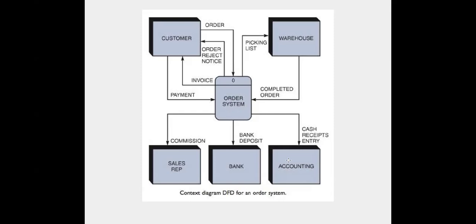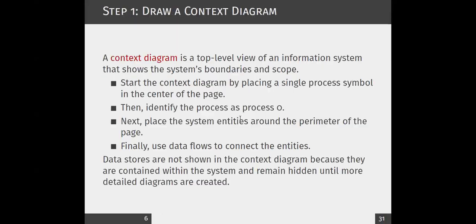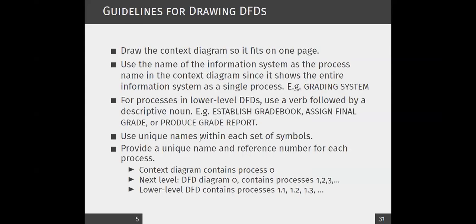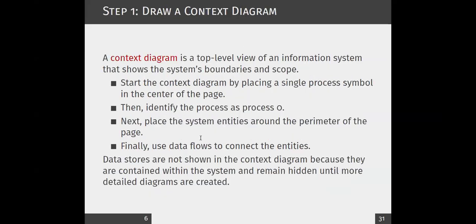So mainly only three symbols are represented, out of the four: processes, data flows, data stores and entities. We are not going to show the data store in the first one, that is, the context diagram.